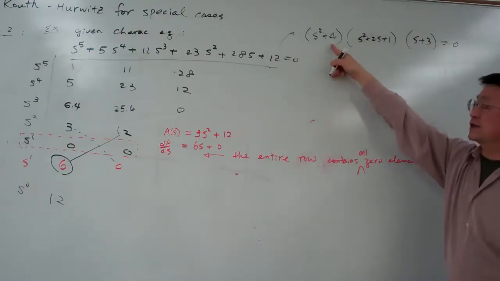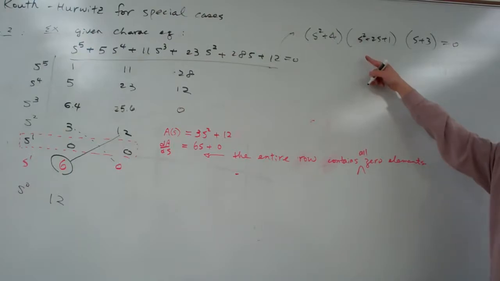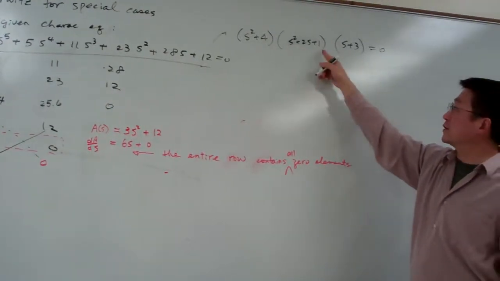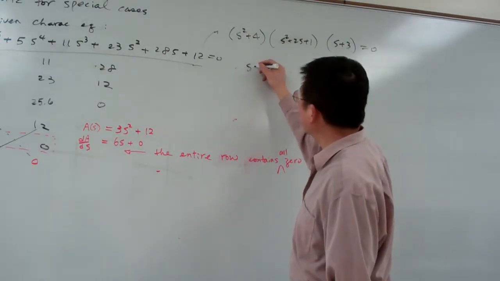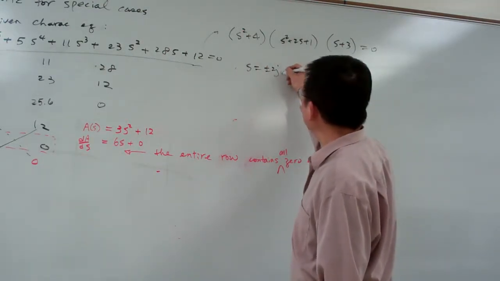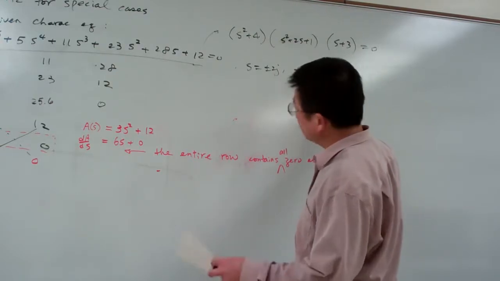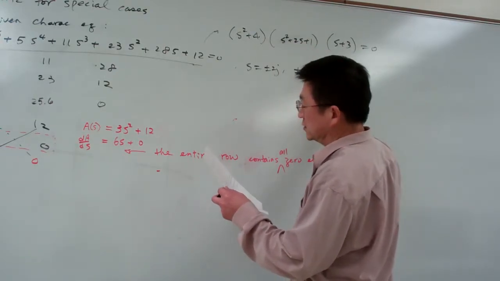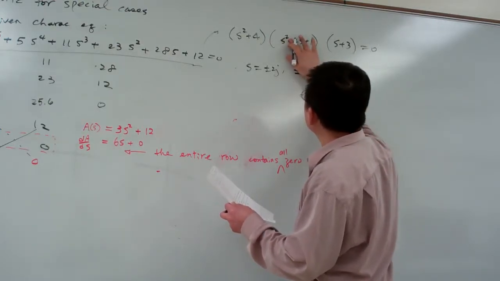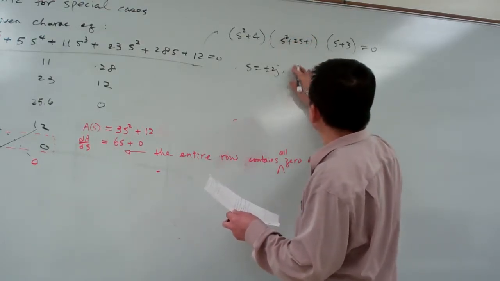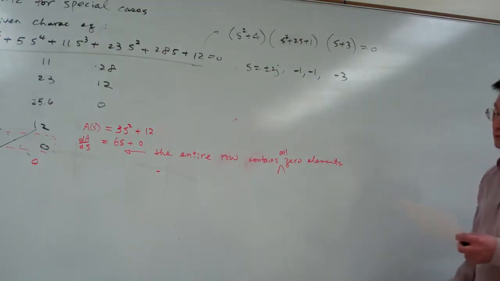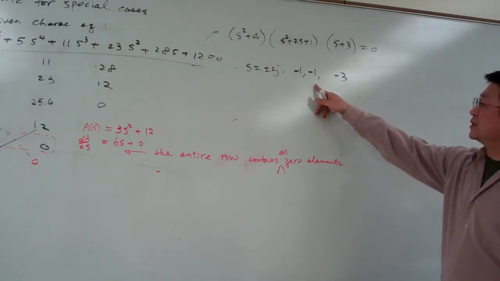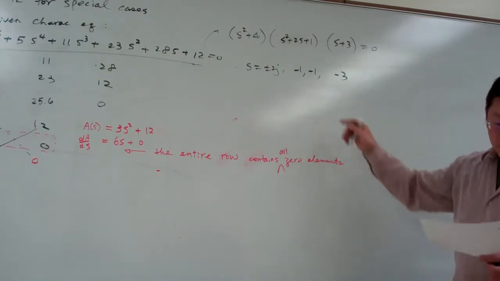With this hint, it is very easy to figure out the remaining roots. The roots are plus and minus 2j, and minus 1, minus 1 and minus 3. So this system has repeated roots here.